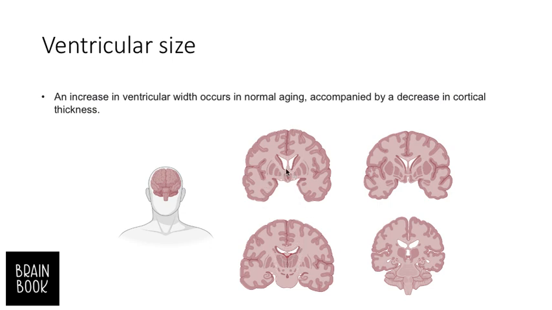And here you can see the coronal cut of the mature brain that indicates some parts of our ventricles. For example, here you can see the lateral ventricles.